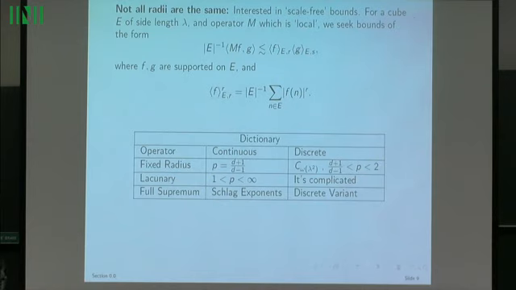And the new direction that I've been addressing over the past year is these LP improving style estimates. So in the LP to LP setting, we now have nearly 40 years of a rather elaborate dictionary that's been built up, but in the LP to LQ, it's only just been started.